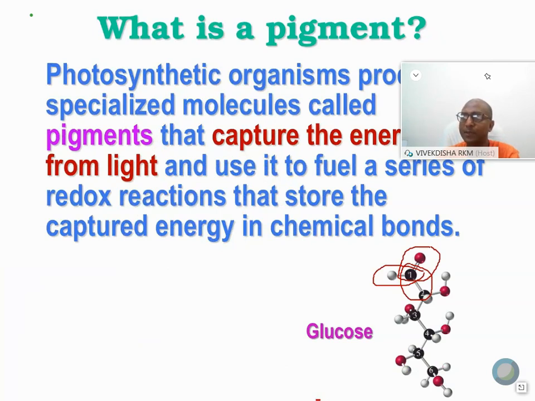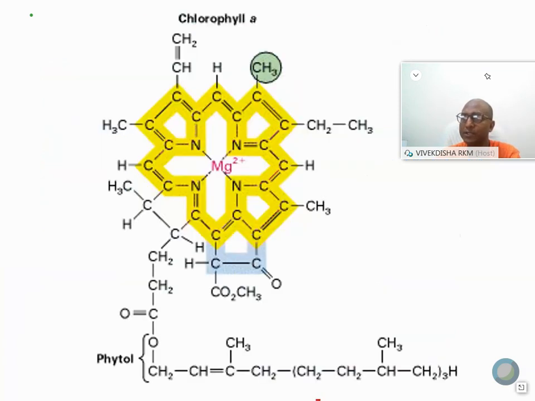Pigments are very specialized organelles. These are not organelles, these are molecules, sorry. They can trap light energy. If we come to the chlorophyll structure, just to have a little idea about chlorophyll, chlorophyll has magnesium inside.